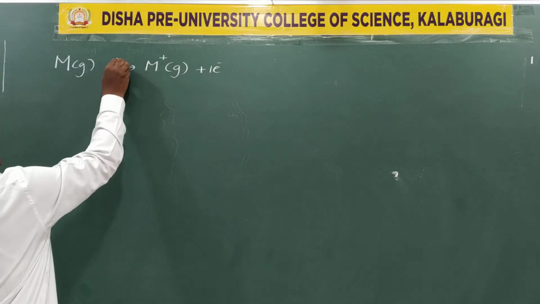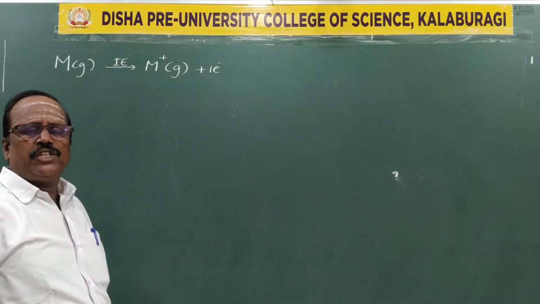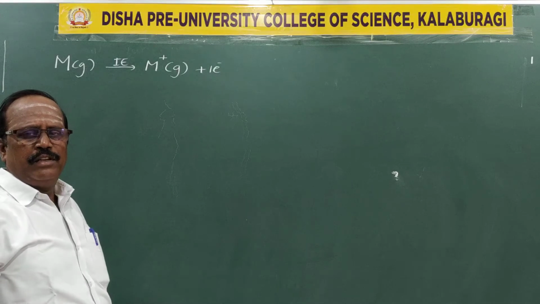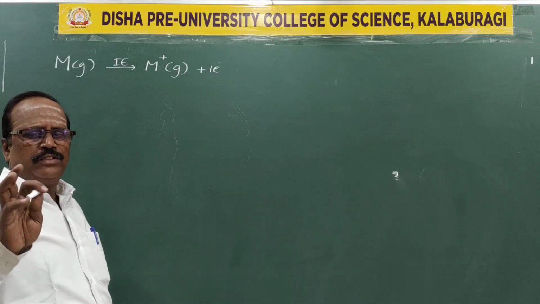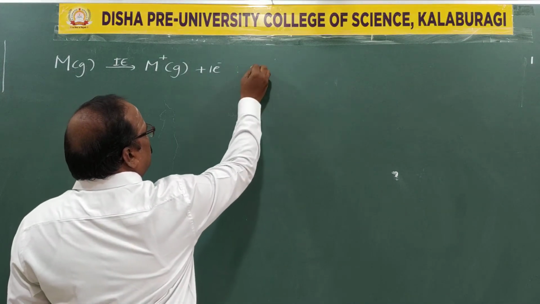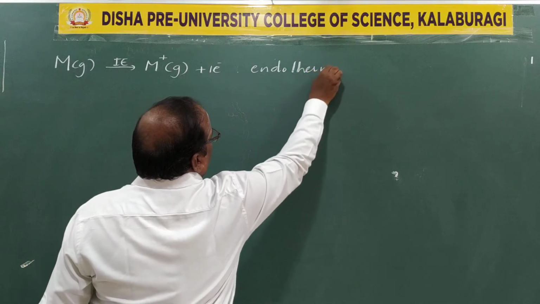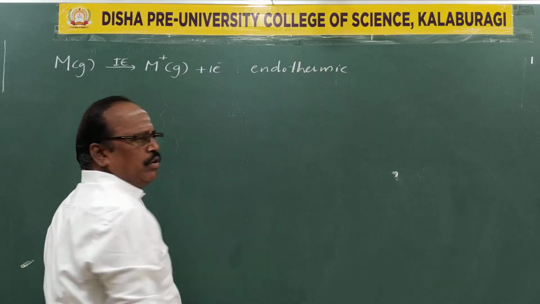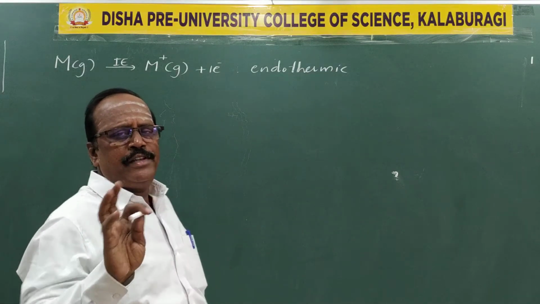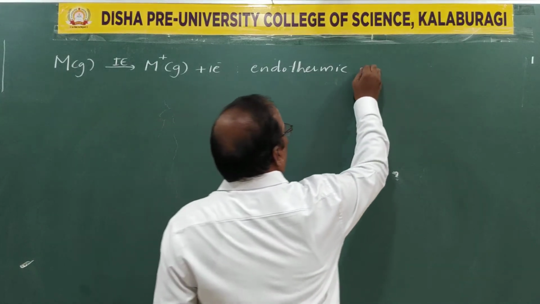This energy is called ionization energy, or ionization potential, or ionization enthalpy. This process is always endothermic in nature, which means it will have a positive value.